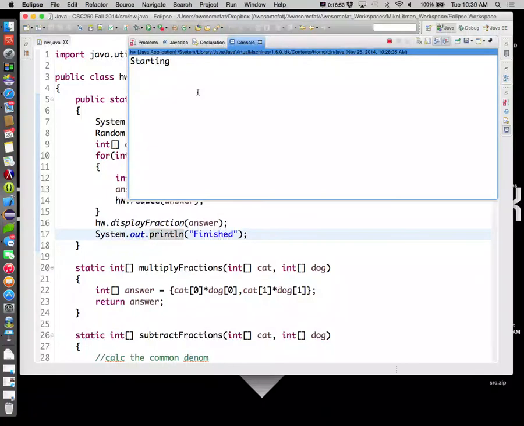The 500-point questions seem trivial. They give you an array of fractions, where each fraction is a 2-digit array, so an array of arrays. Your goal is to add all those fractions together and produce the result in reduced form.